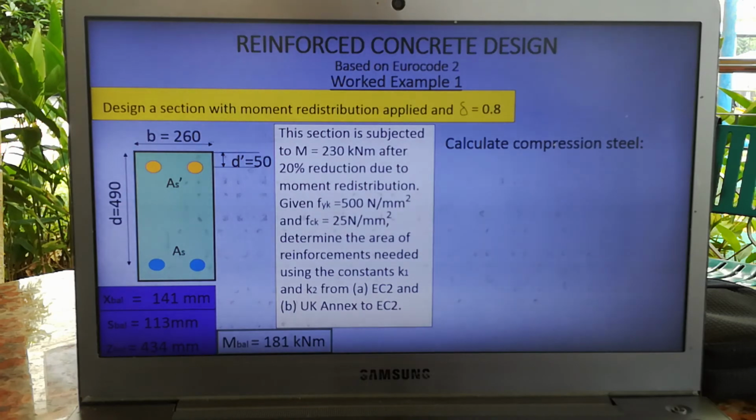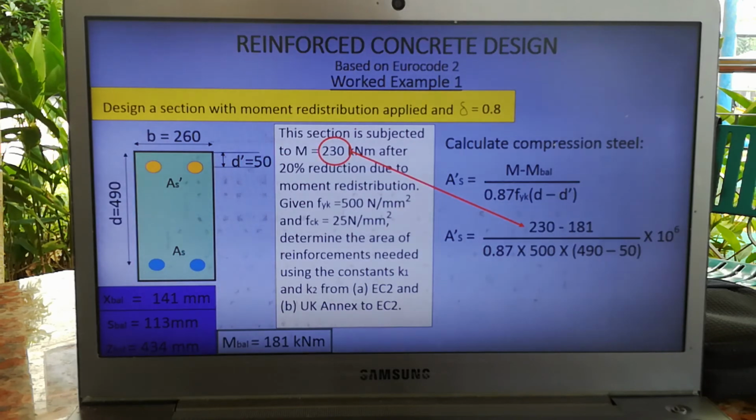Let us calculate the required compression steel. This is the equation. Plug in the numbers. 230 is the moment imposed on the section. 181 is the moment capacity of the section without the compression reinforcement that we calculated earlier and stored at the bottom of the screen. 500 is the stress capacity of the steel reinforcement when yielded. 490 is the depth of the tension reinforcement. 50 is the depth of the compression reinforcement. 10 to the power of 6 is the conversion factor from kilonewton meter to newton millimeter for the moments.